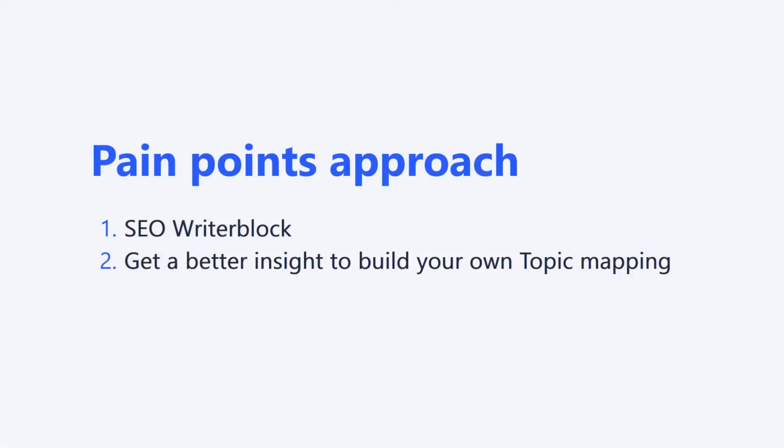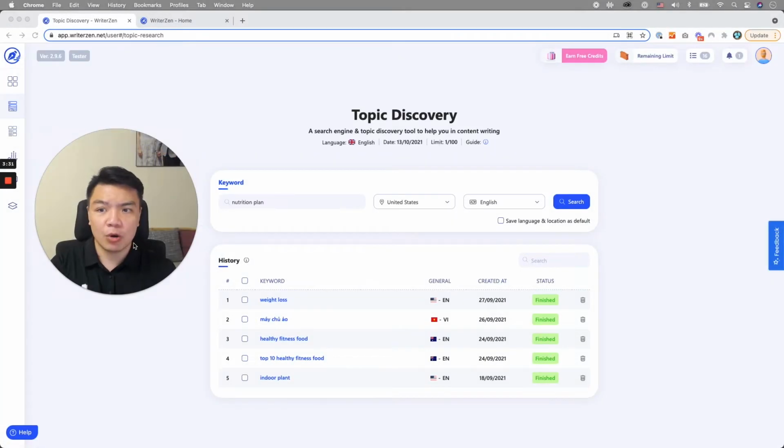The second pain point is that we want to build a tool that helps you gain insight very easily to build your own topic mapping, right? So let's say you have a main topic, the nutrition plan topic.